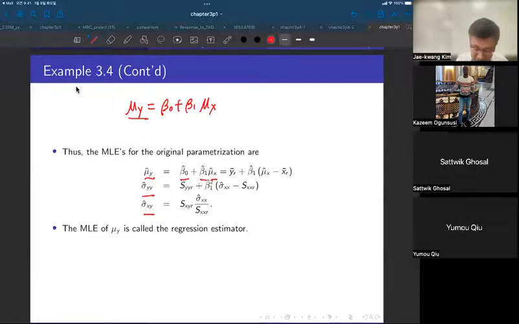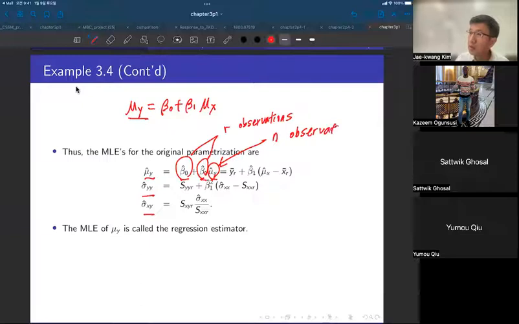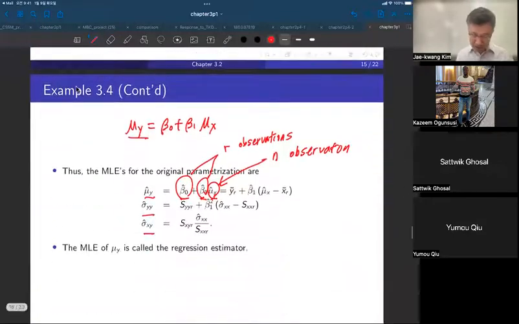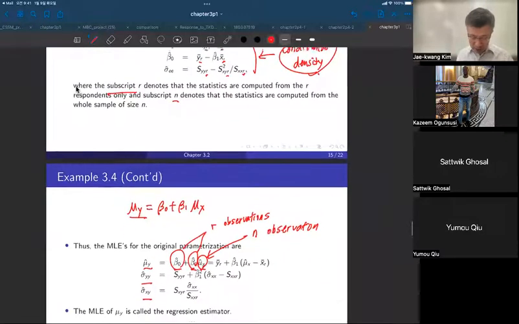And remember, these two are based on R observations, while this is based on N observations. So this is basically it.